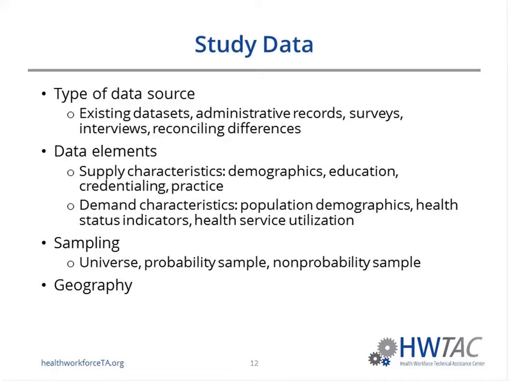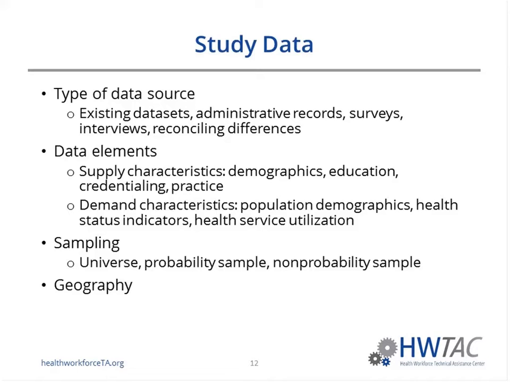What are the supply characteristics available in a data set, or the demand characteristics? What type of information do you have on a particular physician within a data set, or RN, LPN, et cetera? Do you have their demographic information, education, et cetera? Sampling is also an aspect of study data. You have a universe of interest in any given study.